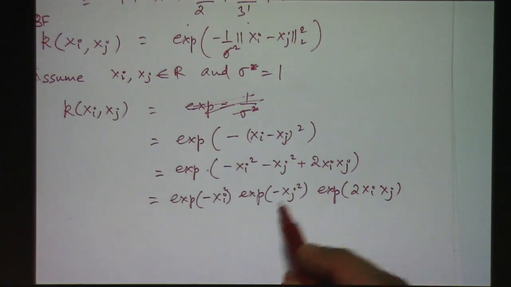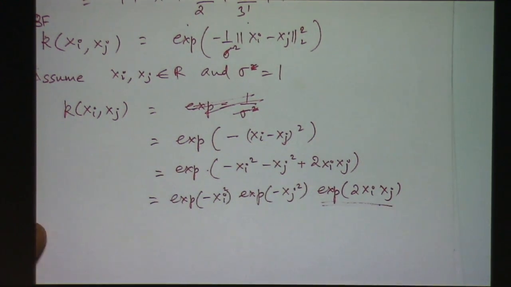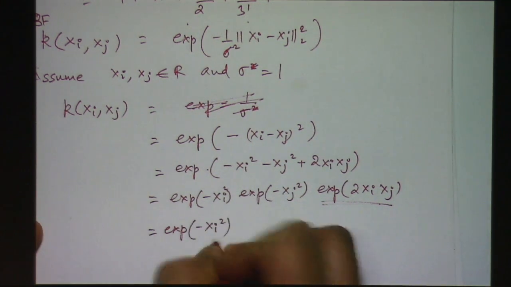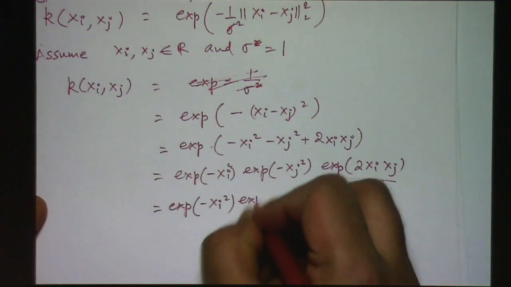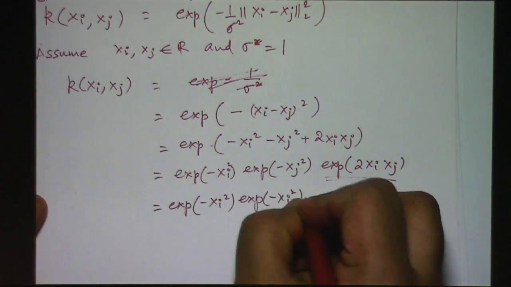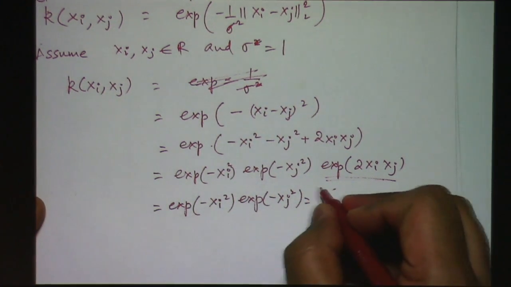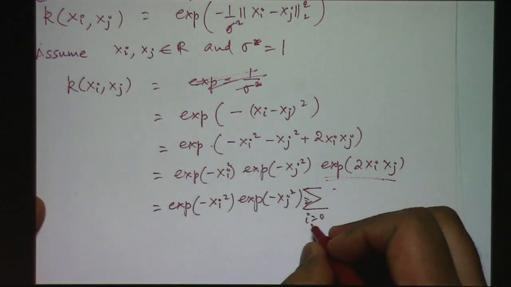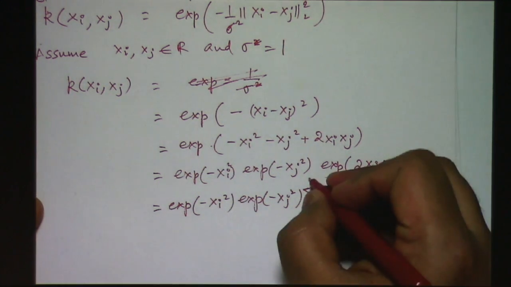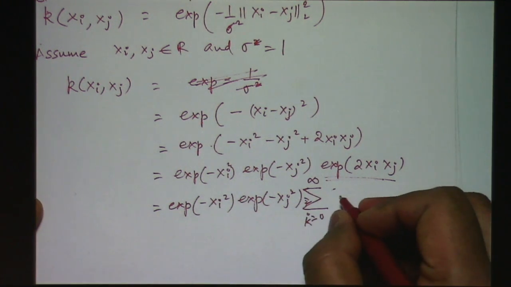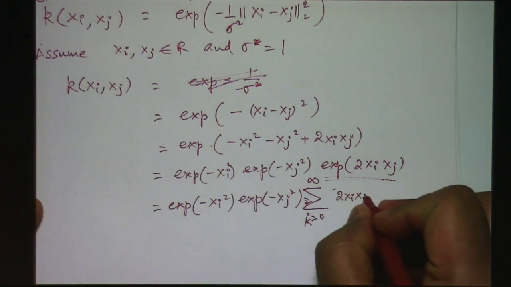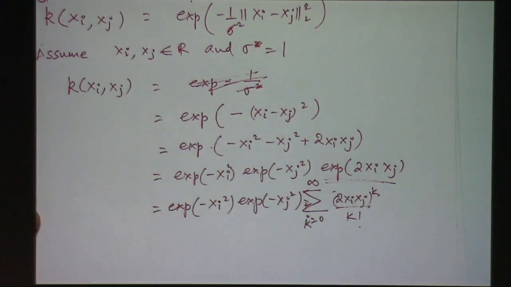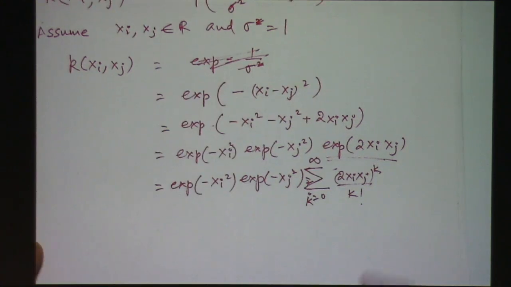And then I'm going to expand this last term using the Taylor series expansion, and this is going to become exp minus xi squared, exp minus xj squared, times the summation from k equal to 0 through infinity of (2 xi xj) to the power k divided by k factorial. That's just a simple expansion, right?